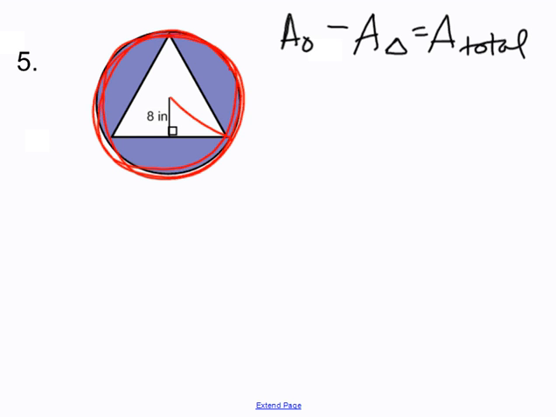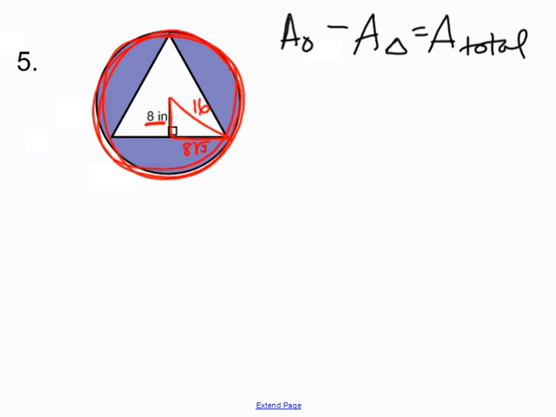There's my radius. And I can figure out what that radius is because I know that this triangle in here is a 30, 60, 90. And I have the short leg. So the hypotenuse of this triangle is going to be 16. And this right here is 8 radical 3.